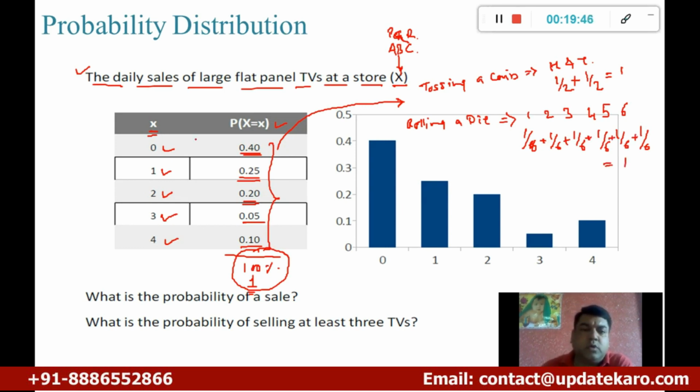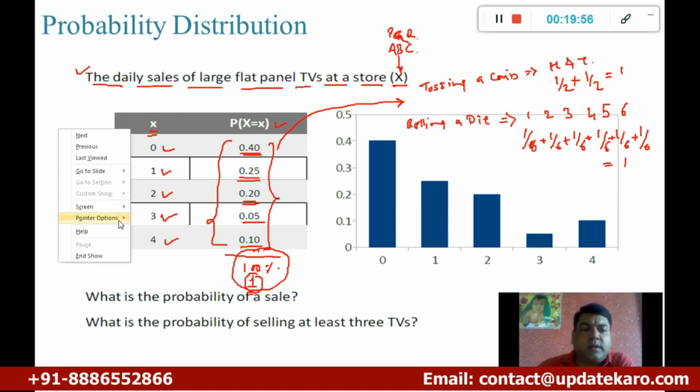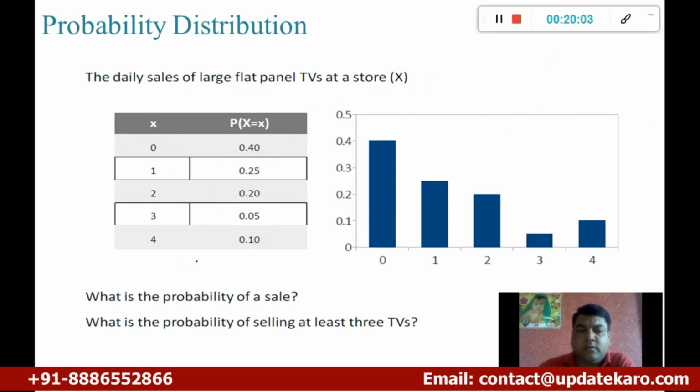And here also the data is complete, so all the probabilities given over here total 1. So the probability associated with all the outcomes possible for any given event, the summation of all those probabilities will always be 1.